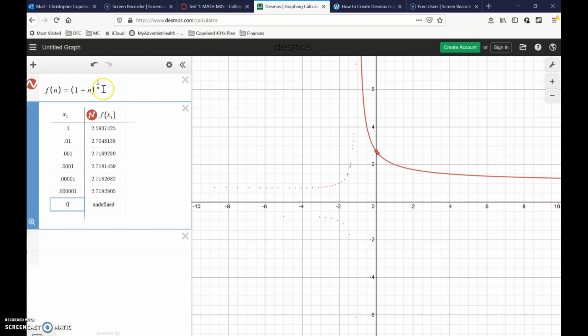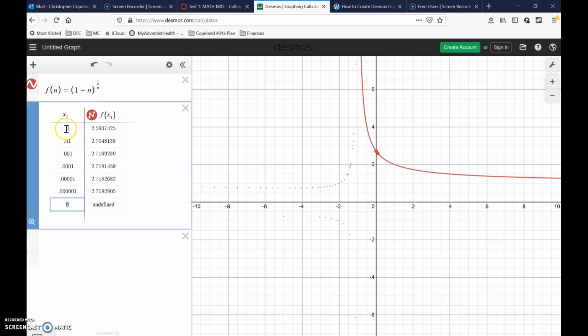Here you can see the function, and if I take the limit of this as n goes to 0, I can't do direct substitution. I can't just plug 0 in because you're going to get an undefined value.